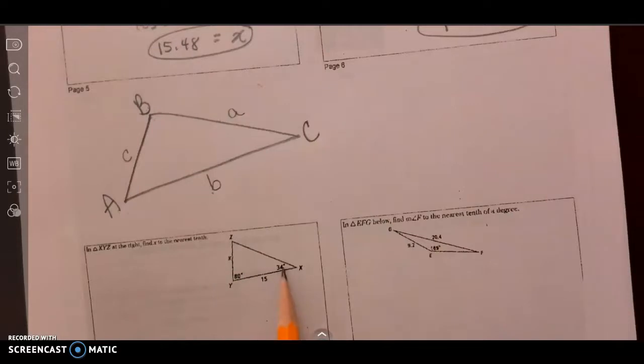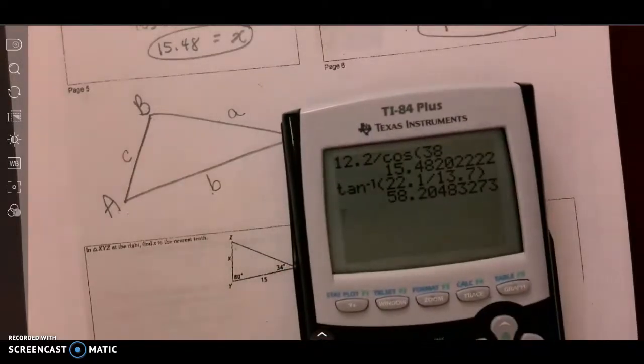So I need to see, is this all the information I have? One of the other things that I realize that I actually know is this third angle. Anytime you know 2 angles in a triangle, you automatically know the third because 3 angles have to add up to 180. A triangle has 180 degrees.